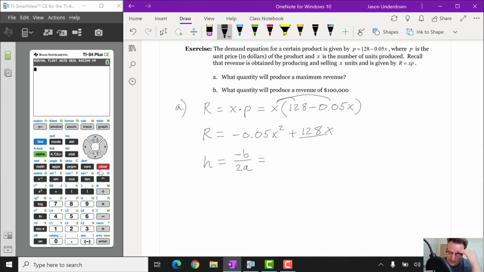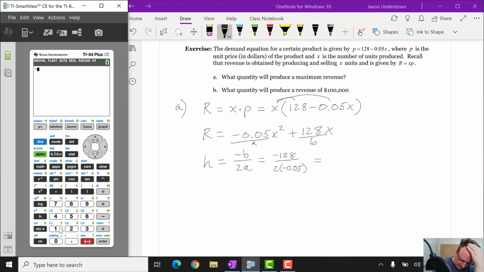So here's b, this coefficient, that's a. So we're going to have negative 128 over 2 times negative 0.05.